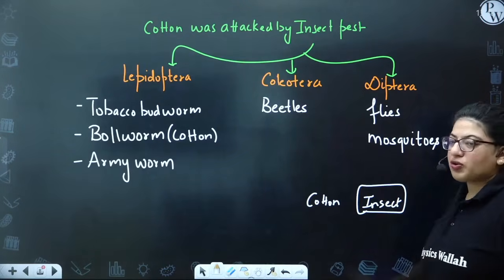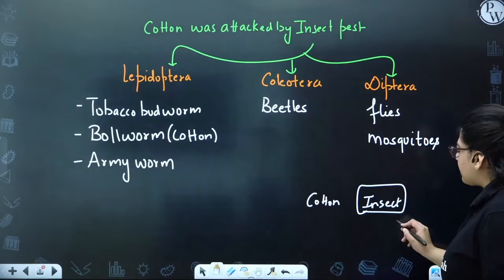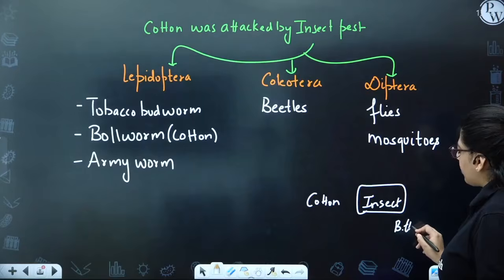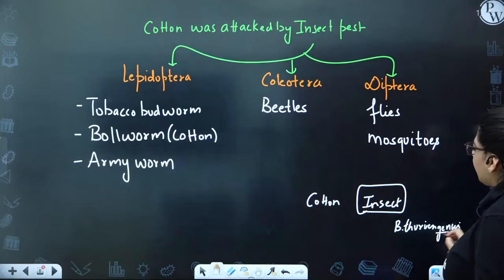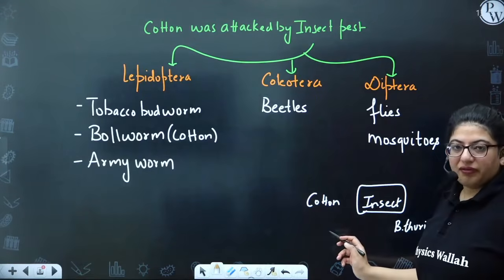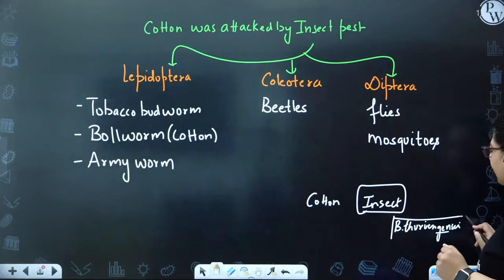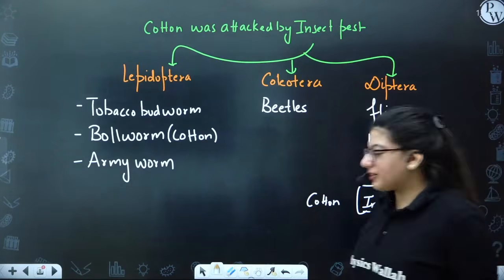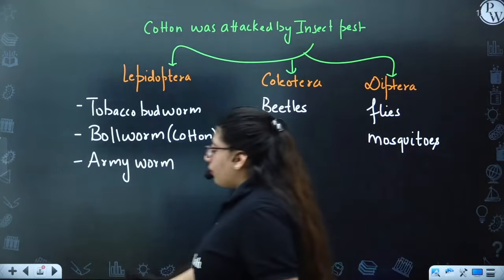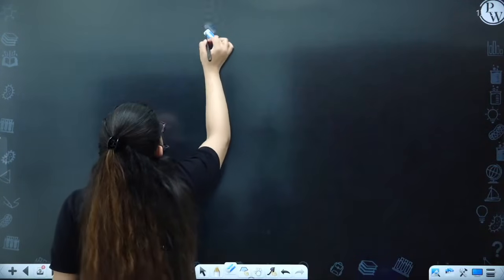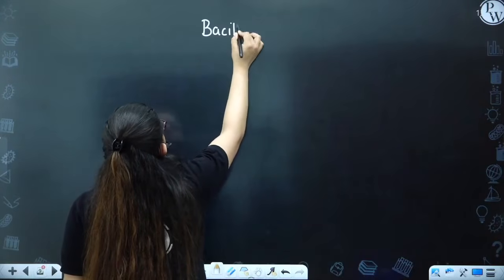If you want to destroy the enemy, let's find out the enemy of the insect, and that's Bacillus thuringiensis. You are not killing the insect straight away. We were doing that by spreading insecticide, but what are we doing now? We are finding the enemy of the insect, and that is a bacterium. Now what about this bacterium? Let's see. We have this bacterium which is Bacillus thuringiensis, which is a soil bacterium.